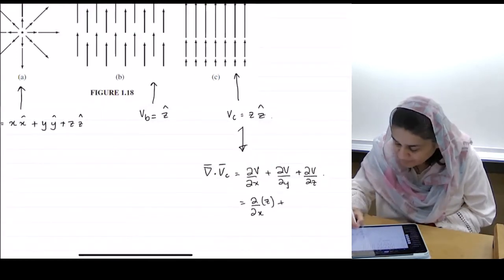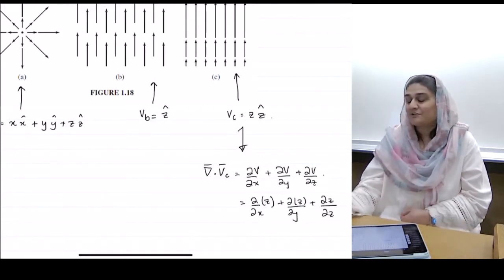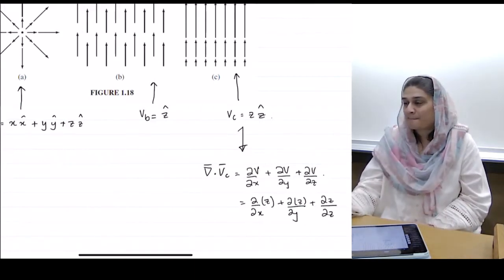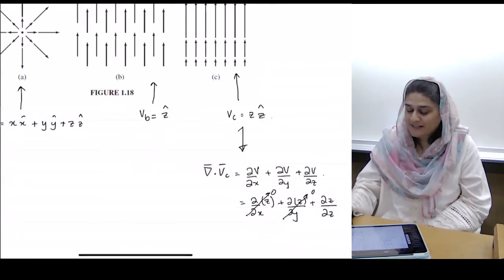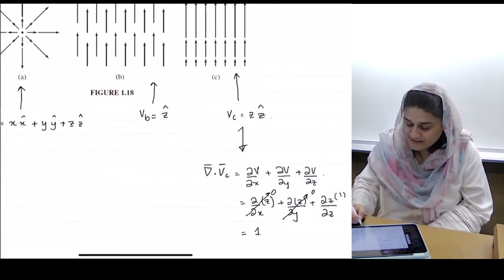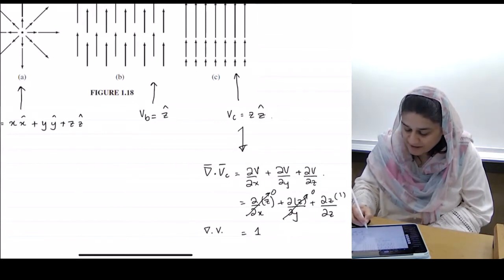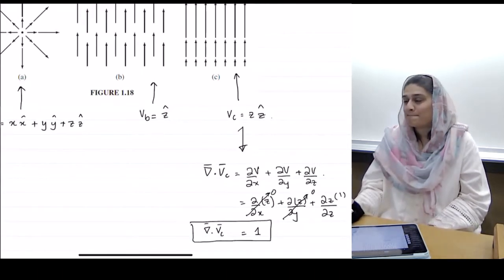Partial z over partial x plus partial z over partial y plus partial z over partial z. What is partial z over partial x? 0, right? What's this? 0. And what's that? 1. So the answer to this, del dot v, the divergence of this is 1.